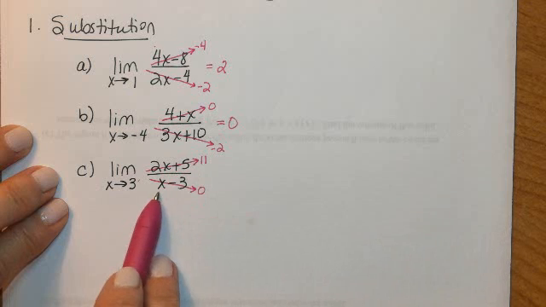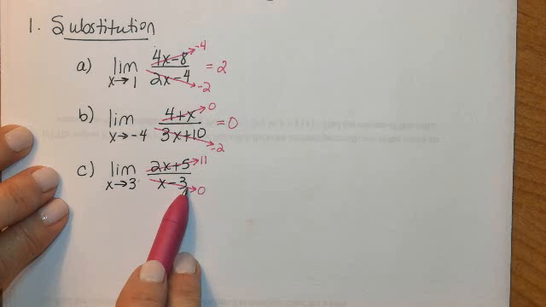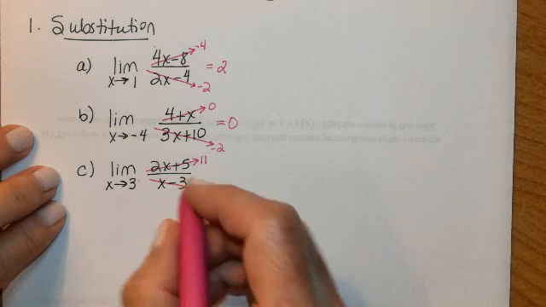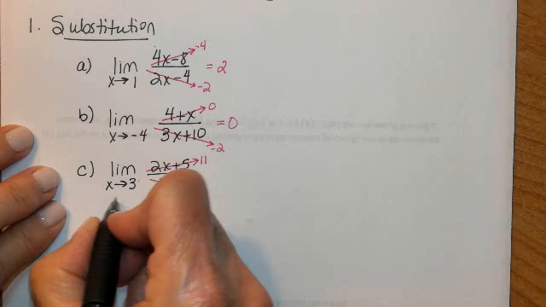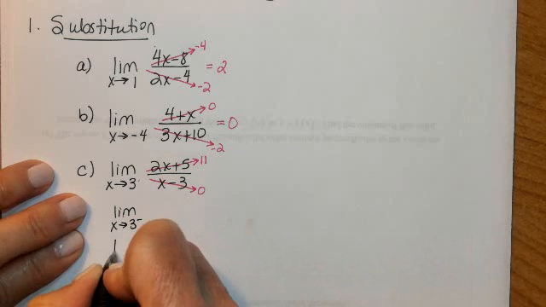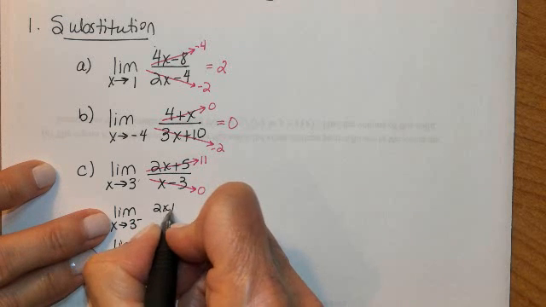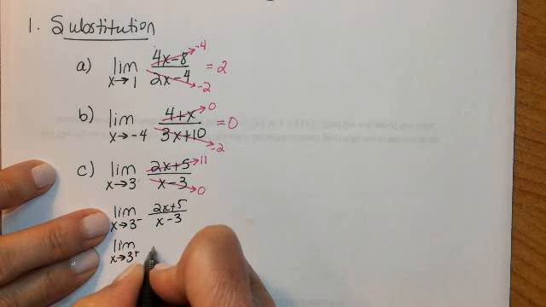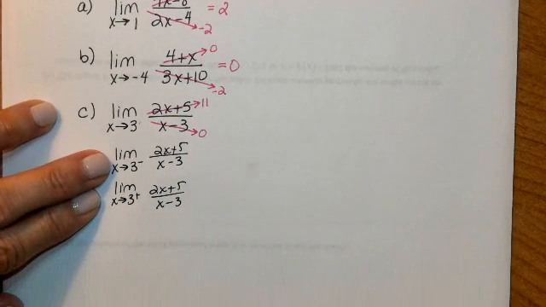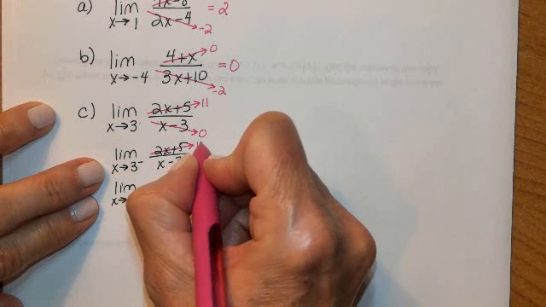11 divided by 0, keep in mind what happened when our denominator is 0. Let's take a look at it this way. The limit as x approaches 3 from the left and the limit as x approaches 3 from the right. Okay? The numerator in both cases is just going to 11.